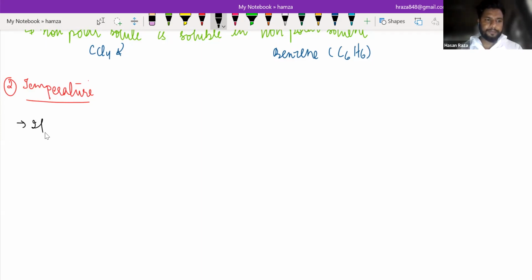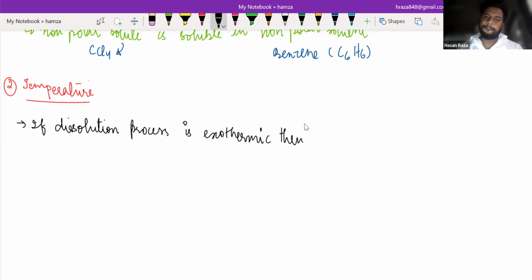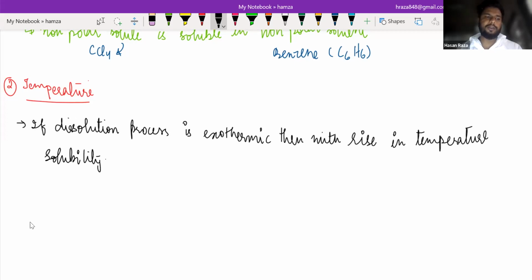If the dissolution process is exothermic, then with rise in temperature, solubility decreases or increases, that I will explain.